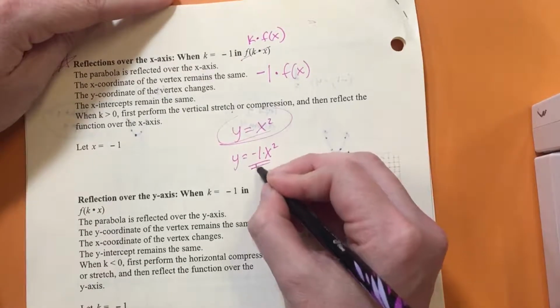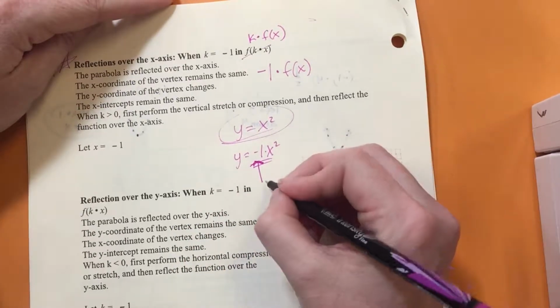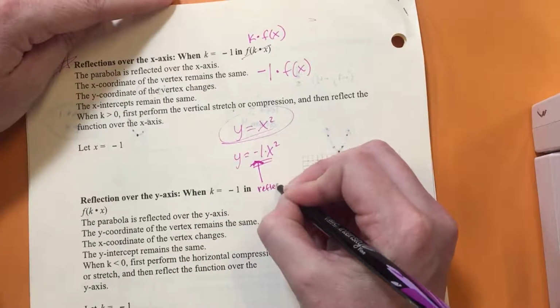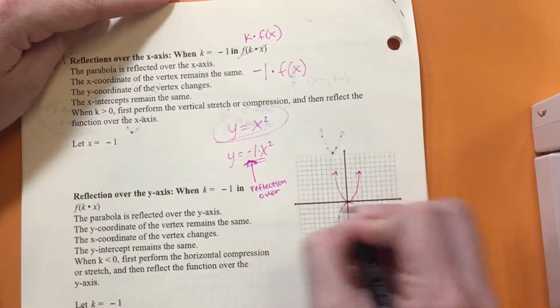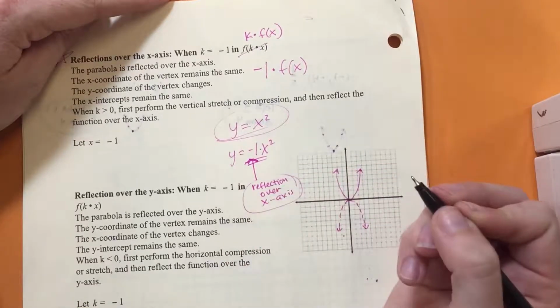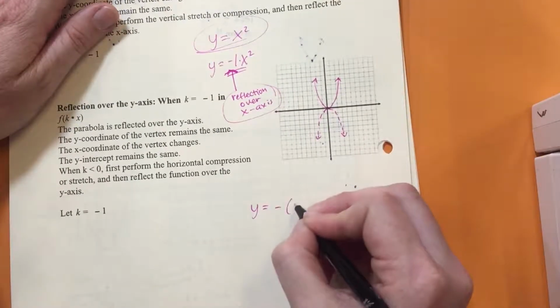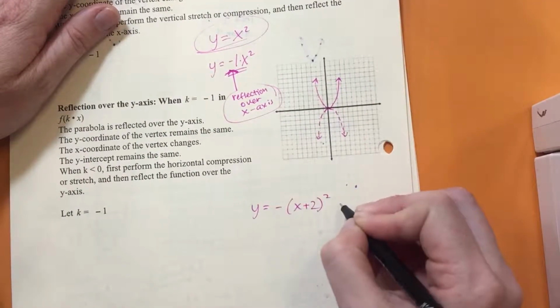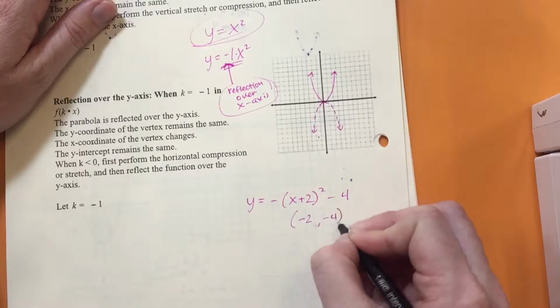So whenever I have a negative on any of my equations, I need to say that it is a reflection over the x-axis. So watch out for that on your assignment. If you ever see like y equals negative x plus 2 squared minus 4, yes, it did shift it, translate it.